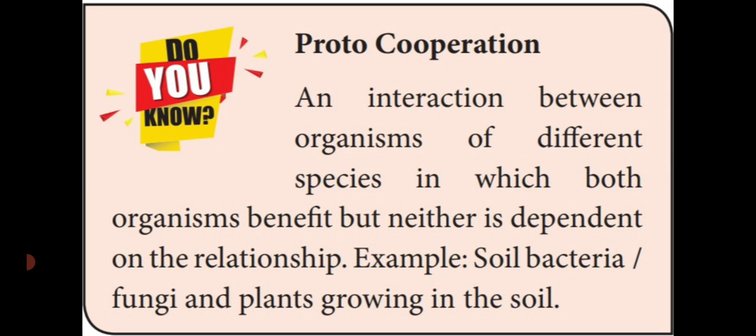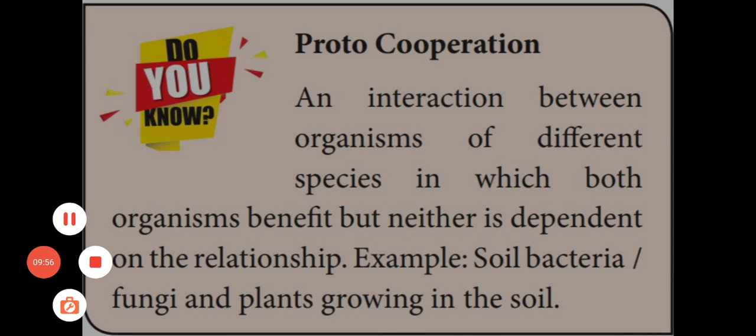Example: soil bacteria, fungi and plants growing in the soil. That is said to be protocooperation. Both organisms are benefited, but at the same time they are not dependent on the relationship.